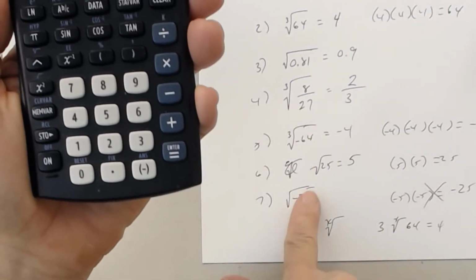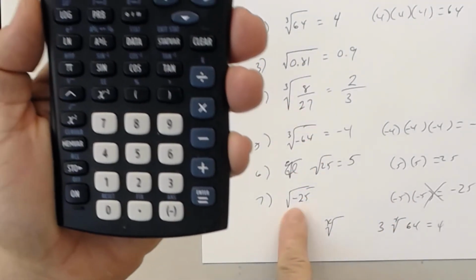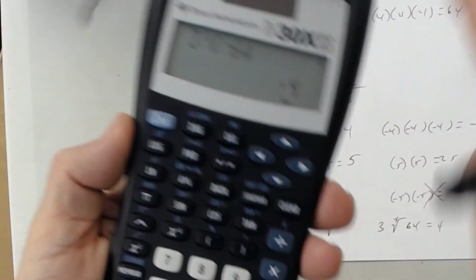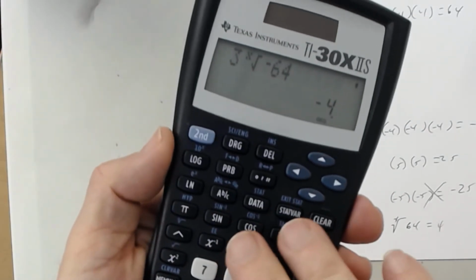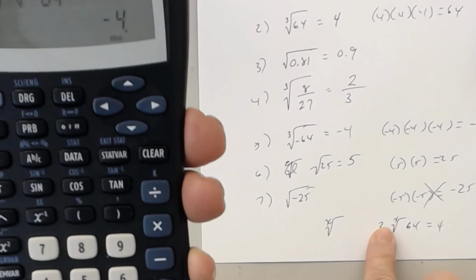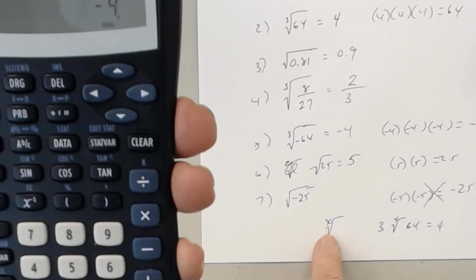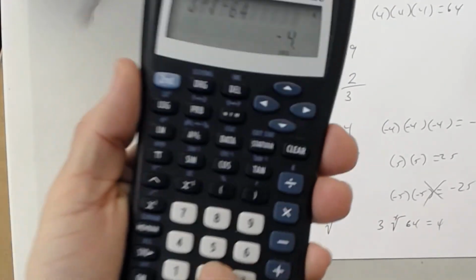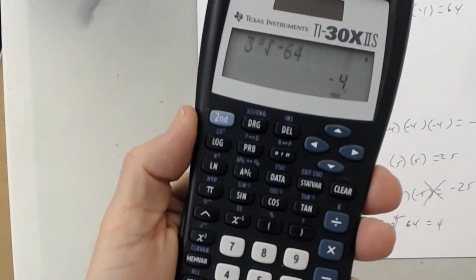Let's look at the square root of negative 25. I can do the same thing. I can use that same button if I want to, but there is a square root function in your calculator. But let's do the same function again just to show you what to do. If I'm using that same x root function, I'm going to press 2 first because square root means what? Index of 2.